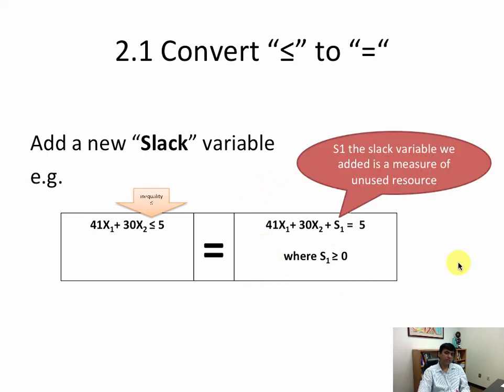One more note about the slack variable is that it is a measure of an unused resource. If we apply a little math on this equation and move everything except the slack variable onto the right, our slack variable equals 5 minus (41x1 + 30x2) in parentheses.